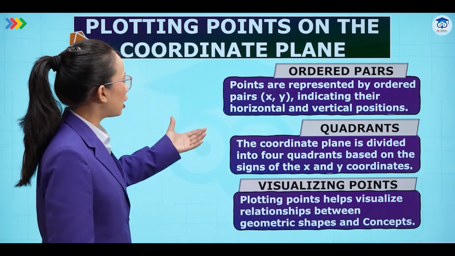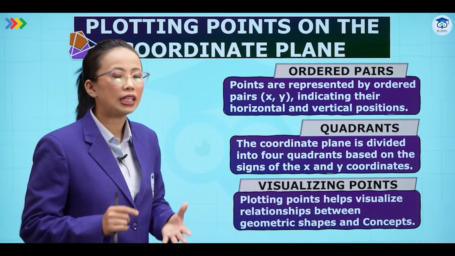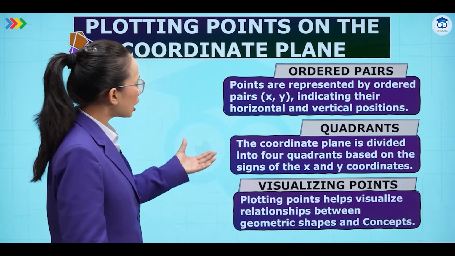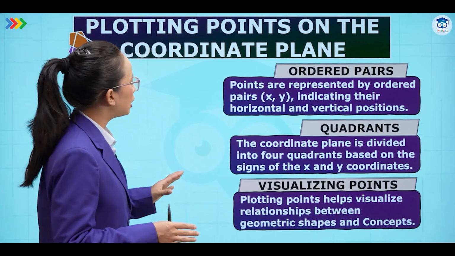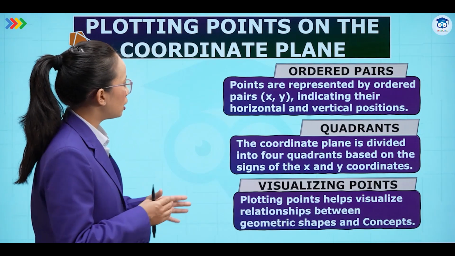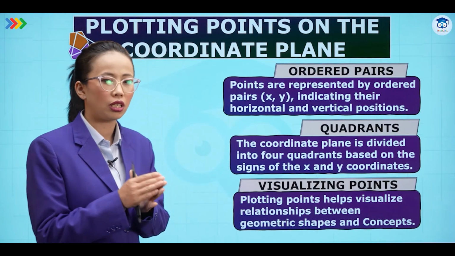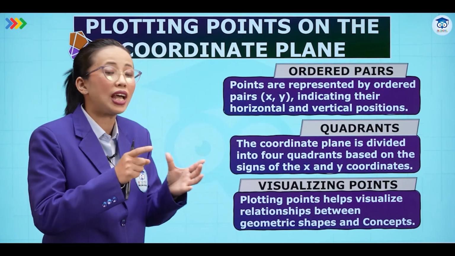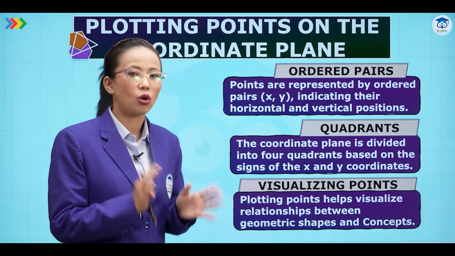It indicates their position from the horizontal line and the vertical line. Now quadrants we have learned, it divides into 4 parts, right? And plotting points helps us visualize the relationship between the geometrical shape and concept.